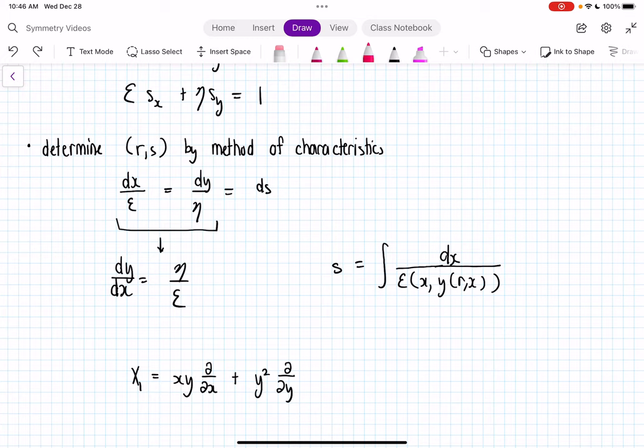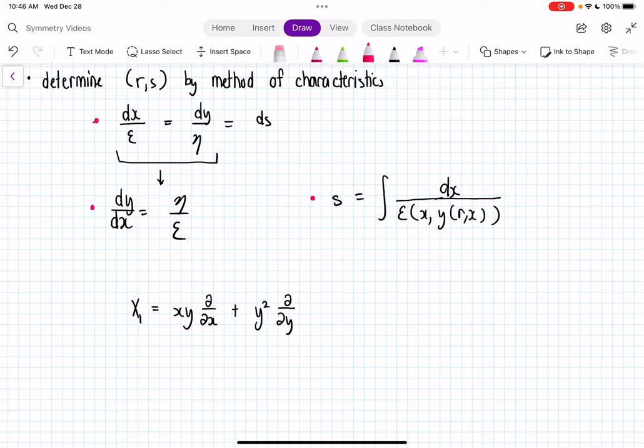Basically, this is the set of equations we're going to use. From the first two, we get here. And this is in general how we are going to determine S. So now let's look at the first symmetry.